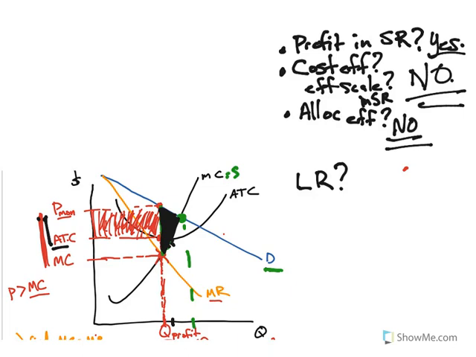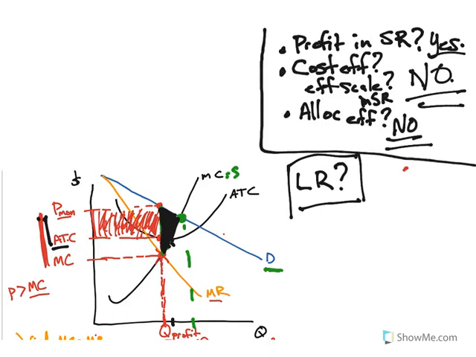One slight problem: we have no ability to enter or exit because of barriers to entry. That's what made it a monopoly in the first place. So there is no long run. The short run and the long run are actually the same thing. So this is the permanent situation. You have economic rents, you are not producing at efficient scale, and you have deadweight loss.